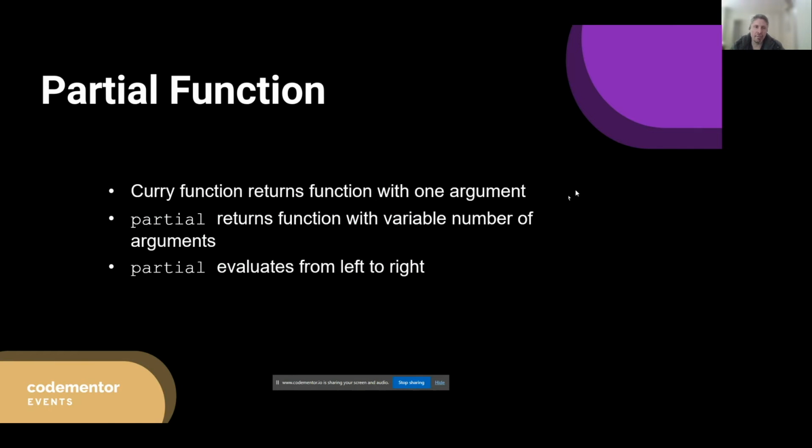Let's briefly cover partial. There's a function in the functools module called partial, and partial is not the same as curry. Again, a curry function returns a function that accepts one parameter. Partial returns a function with potentially more than one parameter. And it also evaluates from left to right, like the curry decorator.